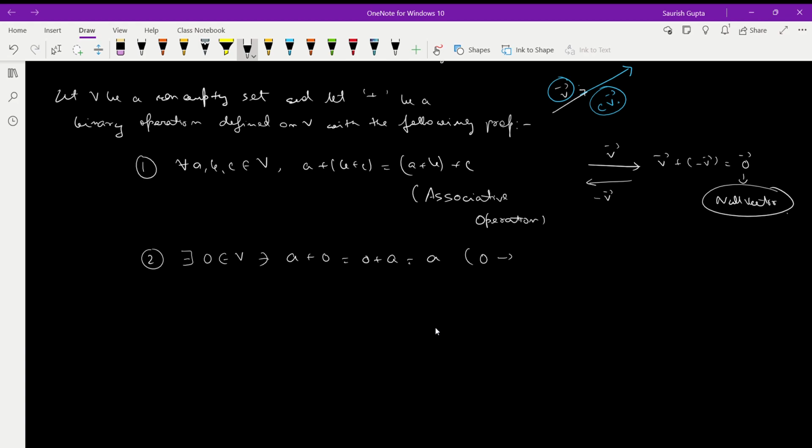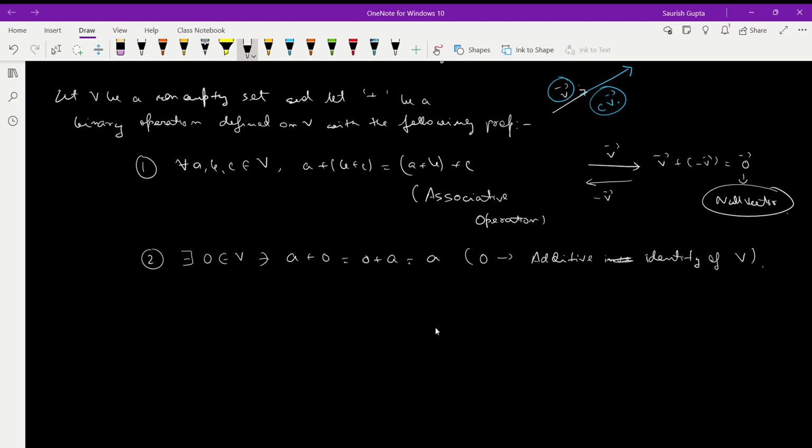This element 0 is called the additive identity of the non-empty set V. To be very specific, this 0 is used as a symbol. 0 here doesn't immediately mean the arithmetic 0 which we use in the number system.